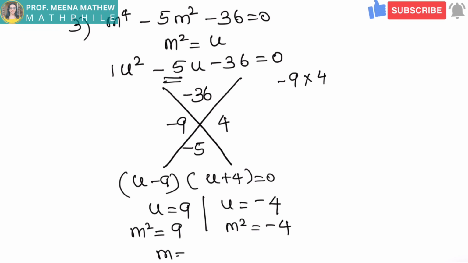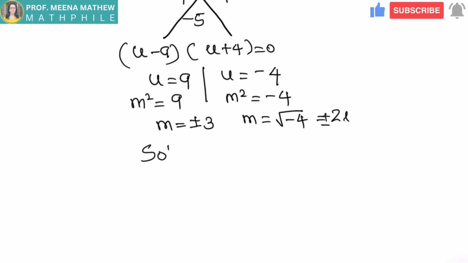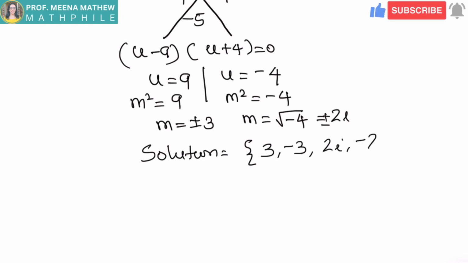That is m equals positive or negative 3 and here m equals square root of negative 4. This is a complex number, so that will be positive or negative 2i. So the solution is positive or negative 3, 2i, negative 2i.